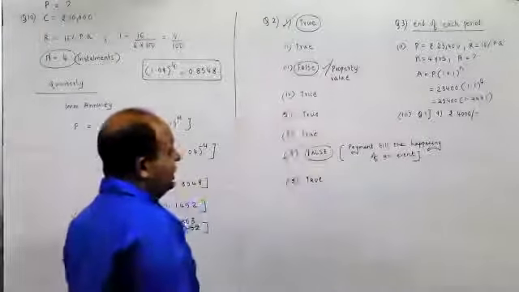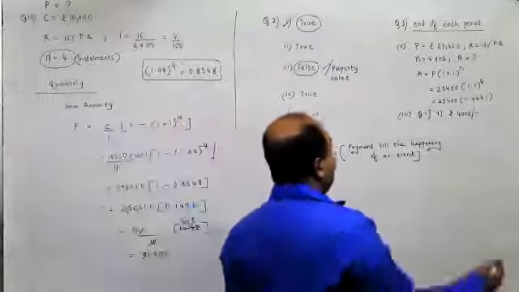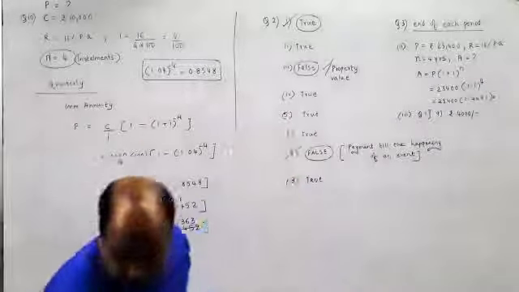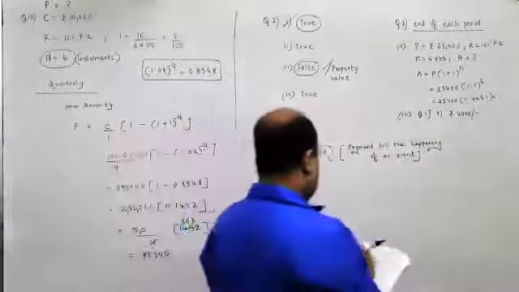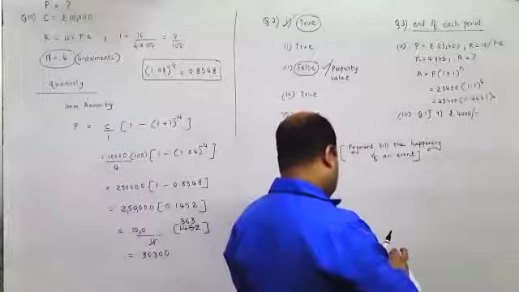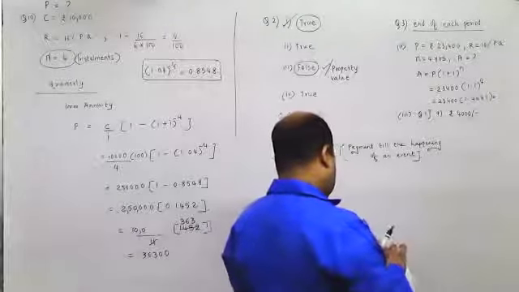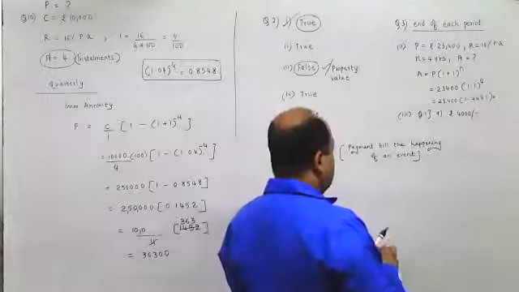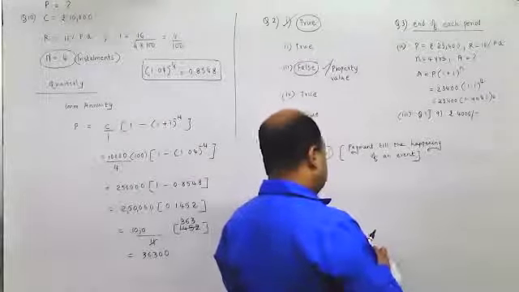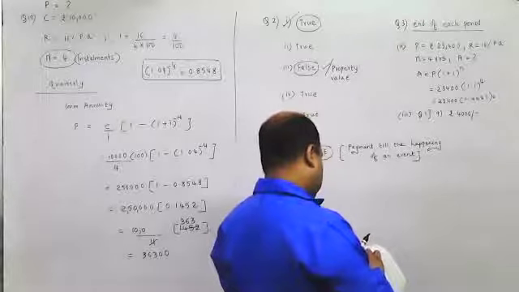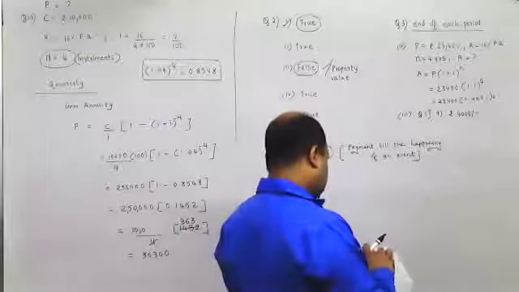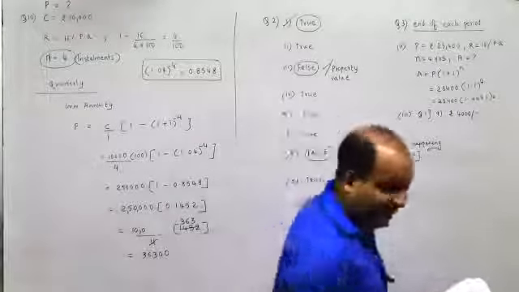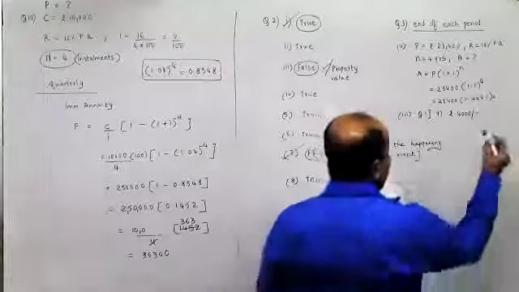Someone please calculate it: 23,400 into 1.4641. Is it 34,259.94? Yes, sir.